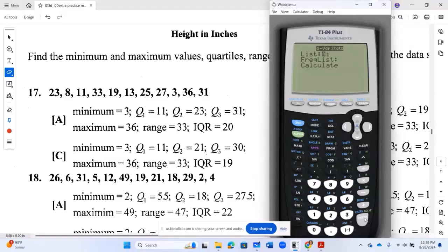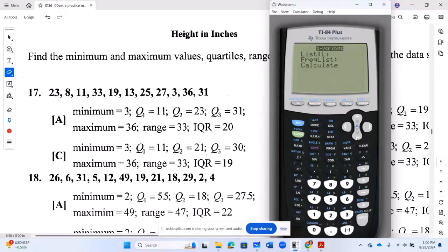My data is in L1, so I have to change the list to L1. And how do I do that? I'll just do second L1. So second, number 1. Do you notice that L1 is underneath number 1? That's how you pick up L1.